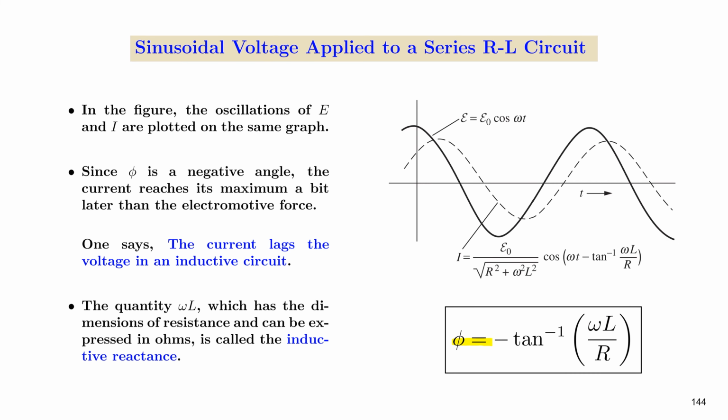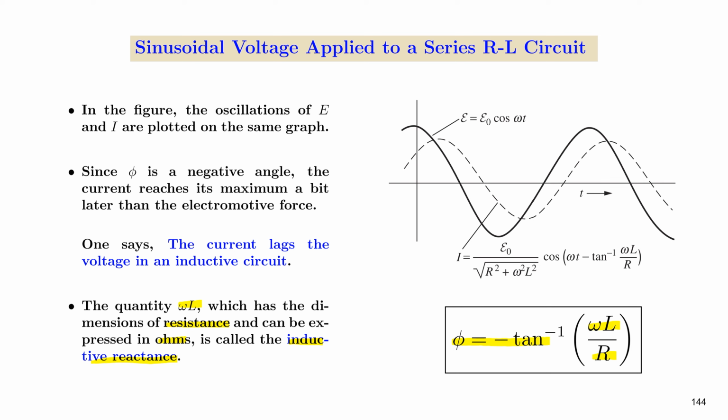and the phase angle is given by negative of tan inverse omega L over R, and the quantity omega L, which has the dimensions of resistance, can be expressed in ohms, and this is called the inductive reactance.